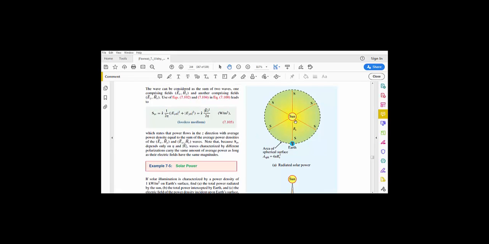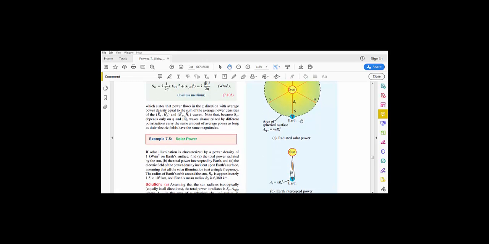Let's talk about the electromagnetic radiation from the sun. We know the power density from the sun is equal to 1 kilowatt per meter square. This is the power density of the electromagnetic radiation from the sun.